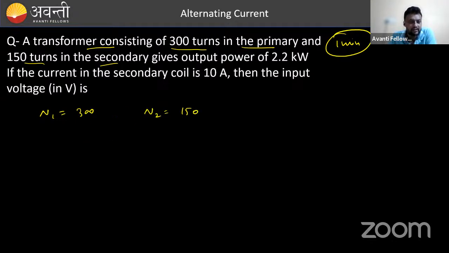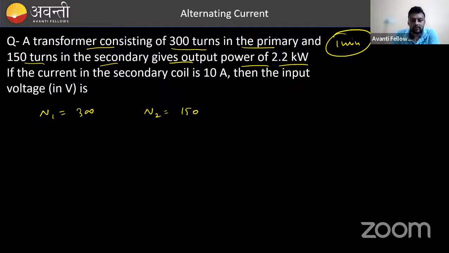Is it a step down or a step up transformer? Can you conclude it in your mind? After seeing the number of turns in primary and secondary, you should conclude that this is going to be a step down transformer. Clear?